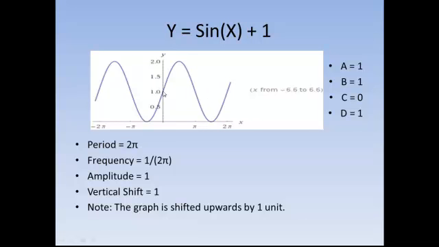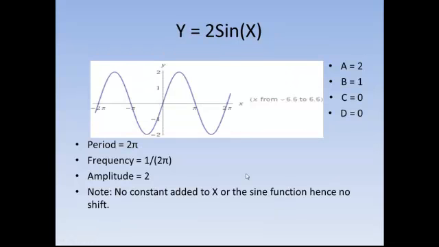So still the amplitude is 1 because the distance from the mean position to the peak is 1, and the vertical shift is 1 since d equals 1. So the thing to note here is that the graph is shifted upwards by 1 unit.